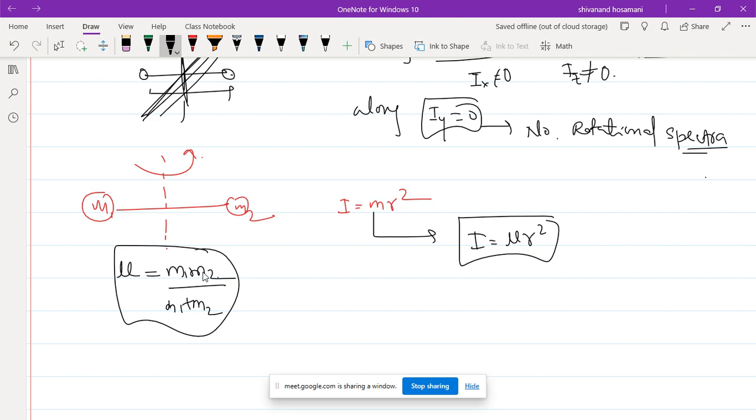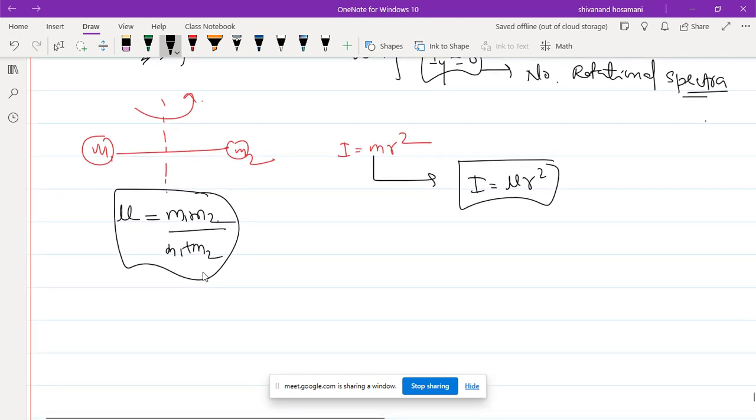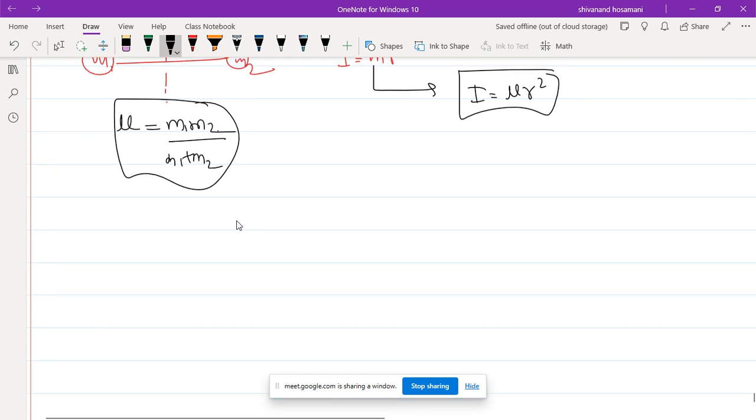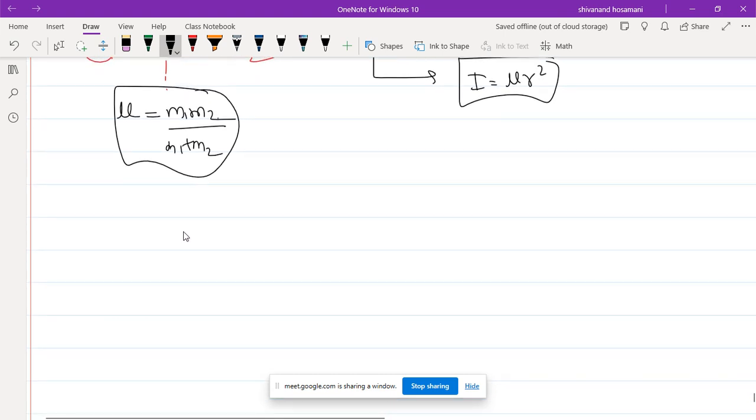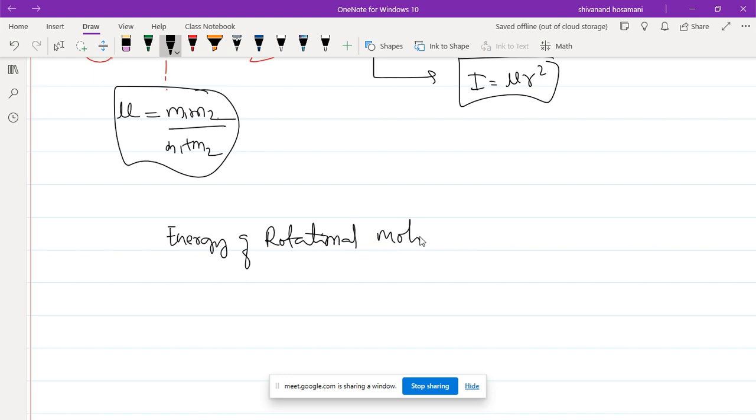So the energy eigenvalue for the rotational motion can be calculated by solving the Schrodinger equation, and we get a solution. The energy of rotational motion is given by Ej equal to h square divided by 8 pi square I into j into j plus 1.